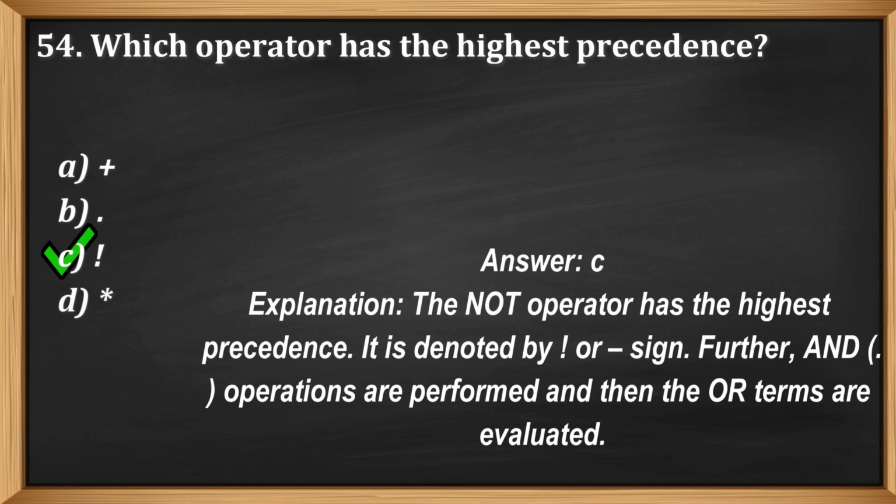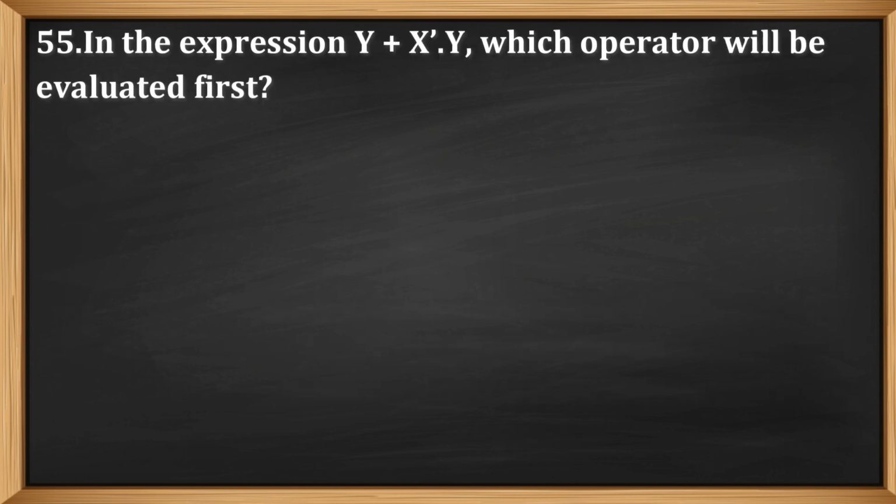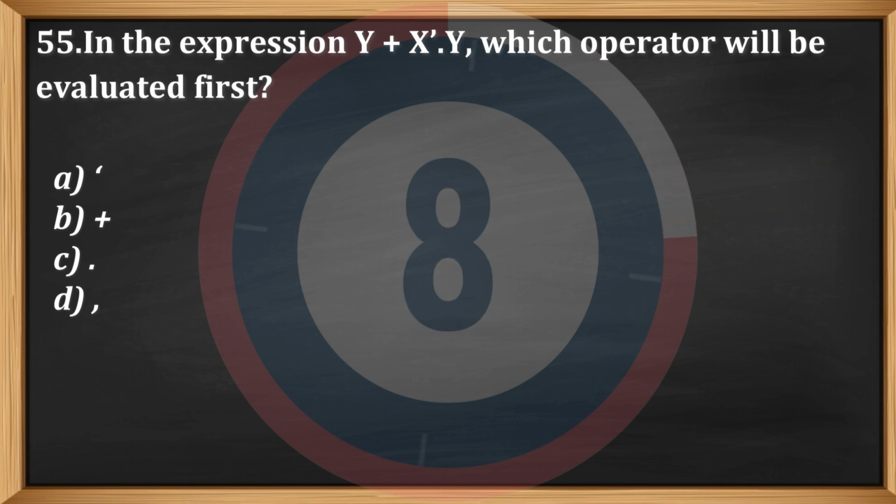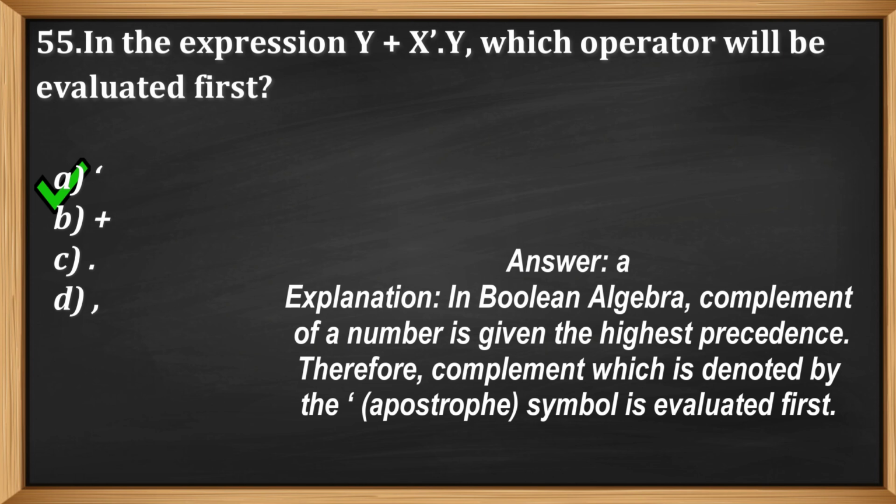Which operator has the highest precedence? Option C, exclamation point. In the expression y plus x naught dot y, which operator will be evaluated first?